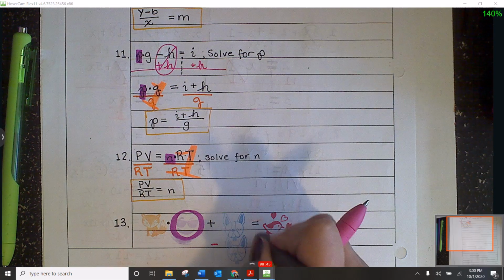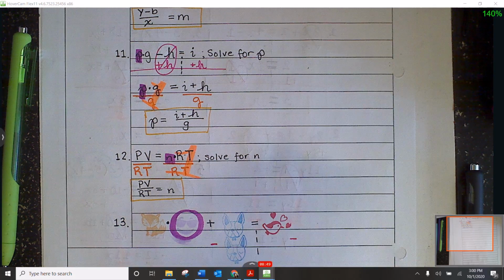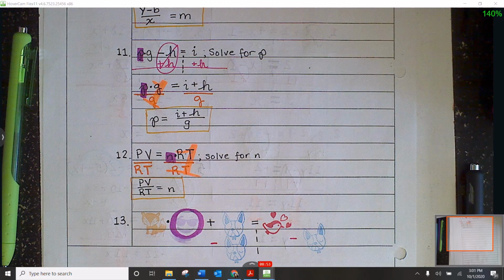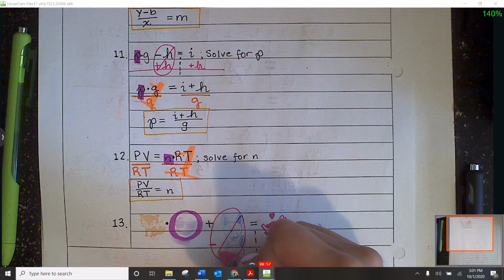Whatever I do to one side of my equal sign, I also do to the other. Man, these stamps are really big. I hope I have enough space. So this becomes a big fat 0.